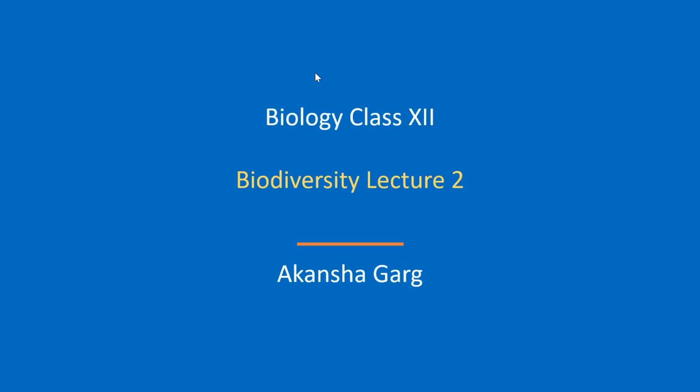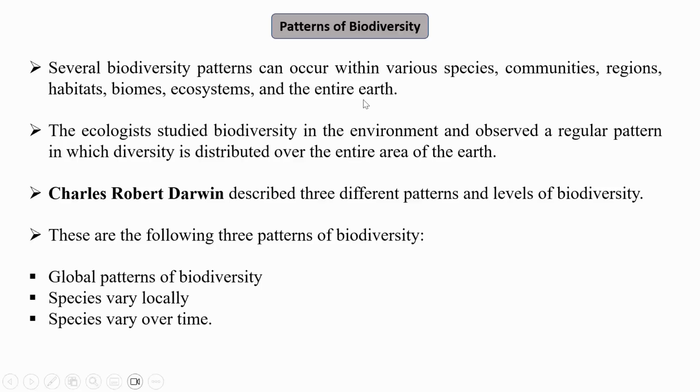The species present today are not constant and have evolved over the different stages of evolution. So many variations may be present within the species, biomes, and ecosystems of a particular area. Several biodiversity patterns can occur within various species, communities, regions, habitats, biomes, ecosystems, and the entire earth.